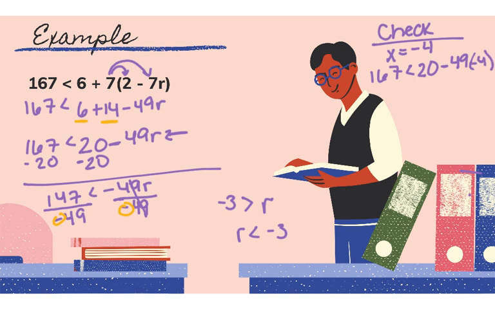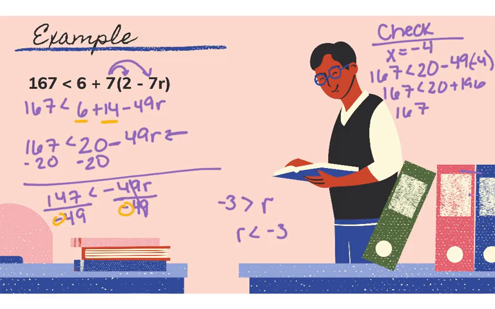So now, let's see, what is 20 minus 49 times -4? So we get 20 plus 196, sorry, that should be positive.